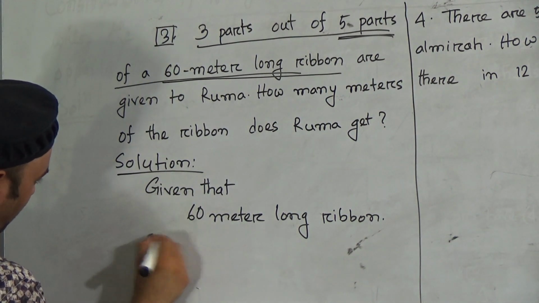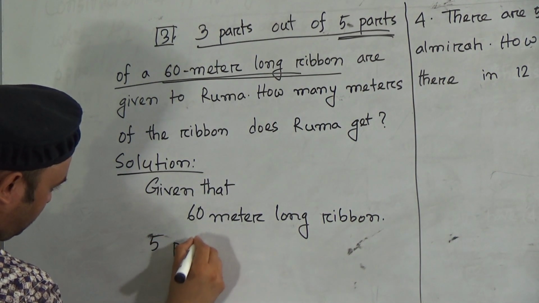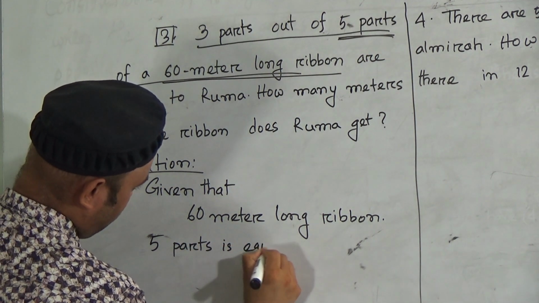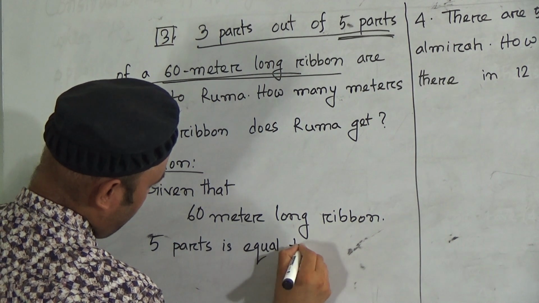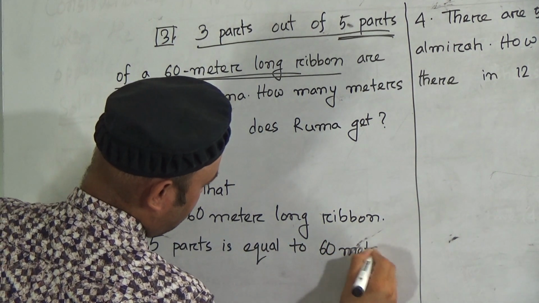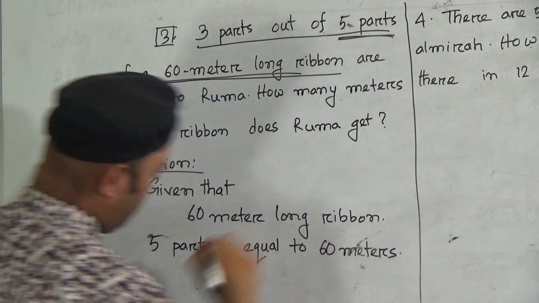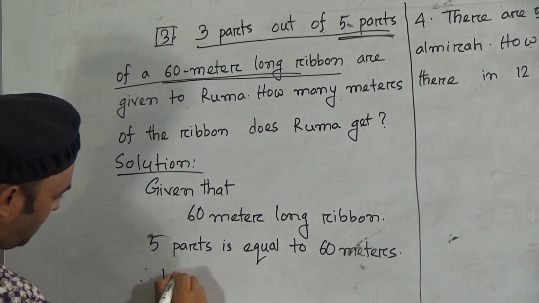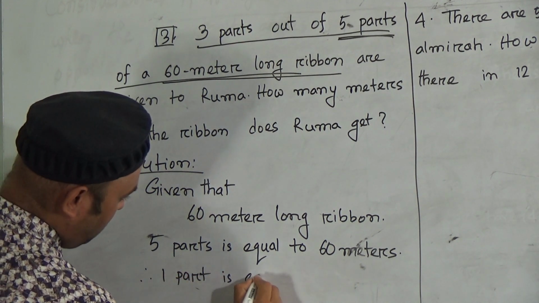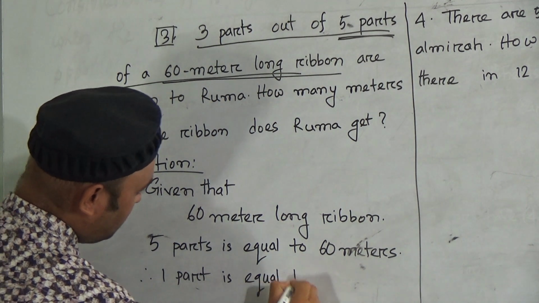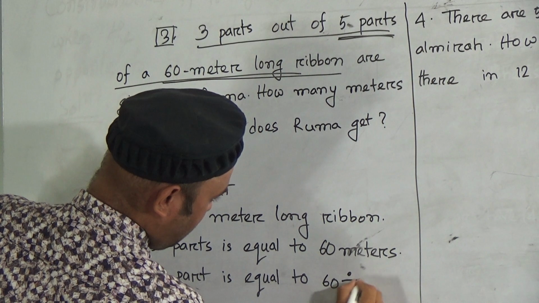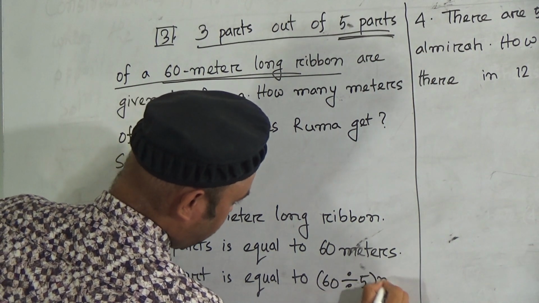So here 5 parts is equal to 60 meters. Therefore, 1 part is equal to 60 divided by 5 meters.